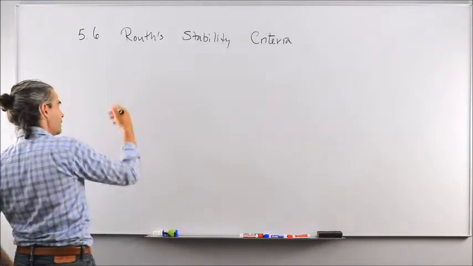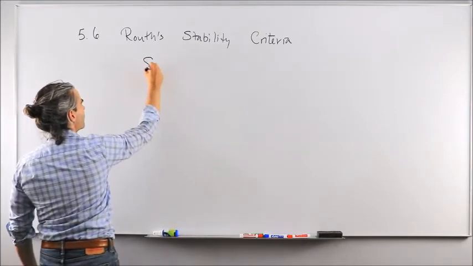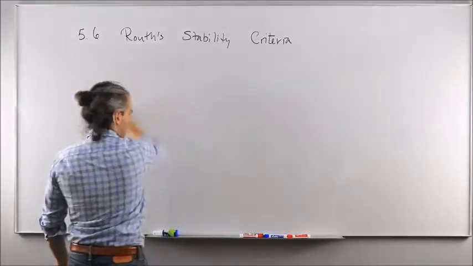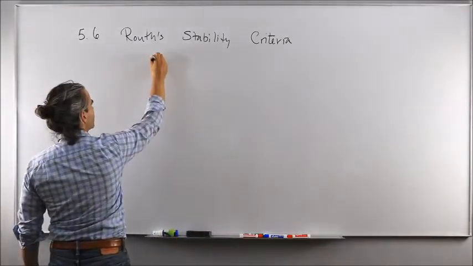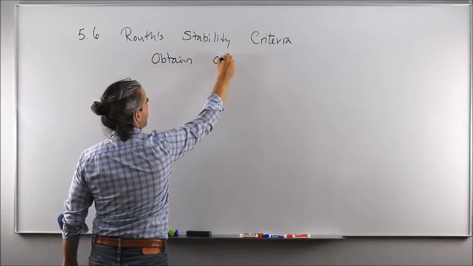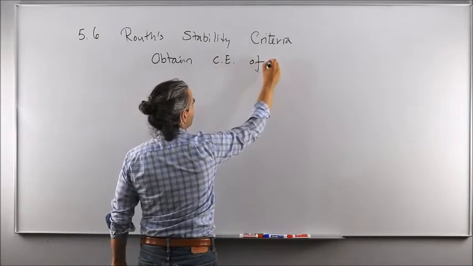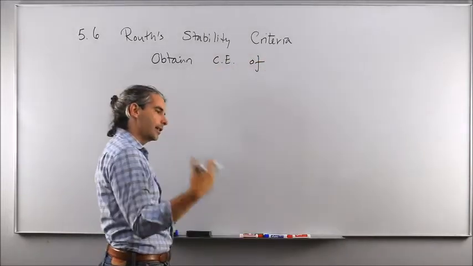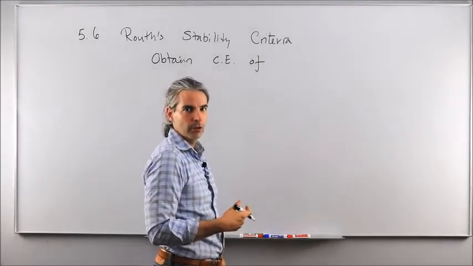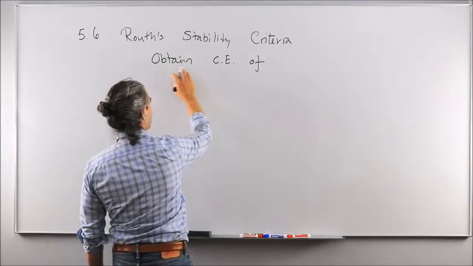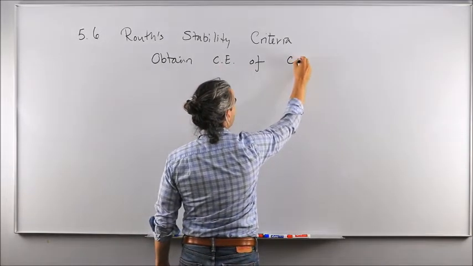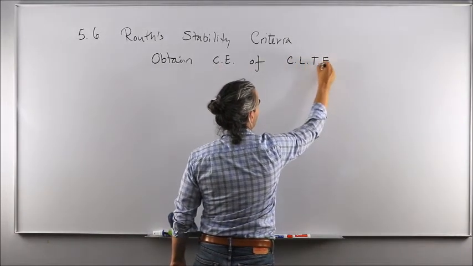All right, so to begin with, you need to obtain the characteristic equation of any transfer function. Obtain is a better word here because you're not solving for it, you're just obtaining it. But within the context of feedback control systems as they apply to spacecraft rotational motion control, we're going to obtain the characteristic equation of our closed loop transfer function.